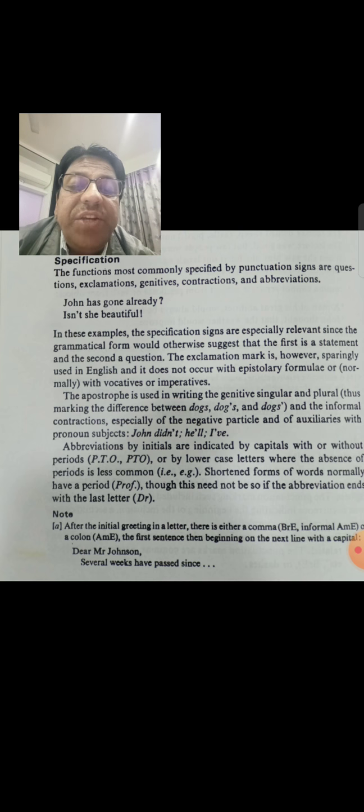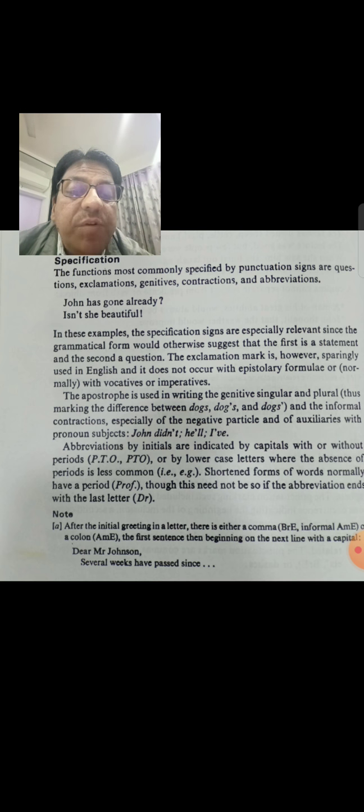Similarly, there are abbreviations which can be marked off by full stops, which can be marked off by periods. Like PTO, as you can see in this picture, PTO we can have with periods or without periods. Or there are the lowercase ones, like e.g., i.e., with full stops.